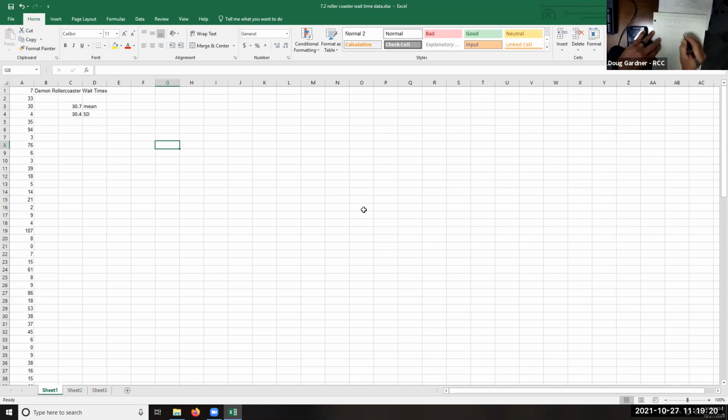And right in the center of that normal distribution would be 30.7. Roughly, do you agree that one standard deviation, 30.4 above 30 is roughly like 60, 61, and we're a hair above that? So we're a little more than one standard deviation above the mean here.